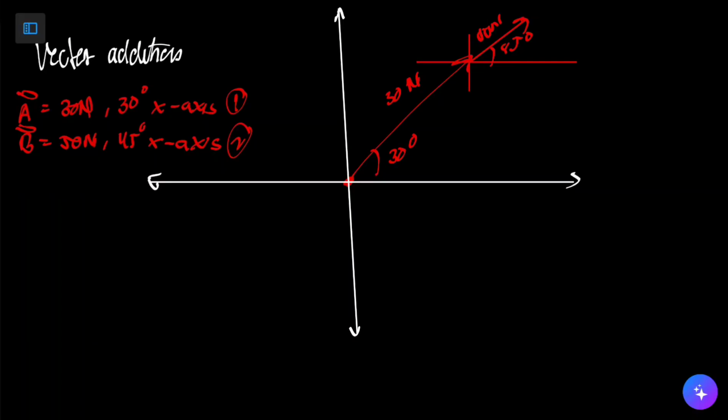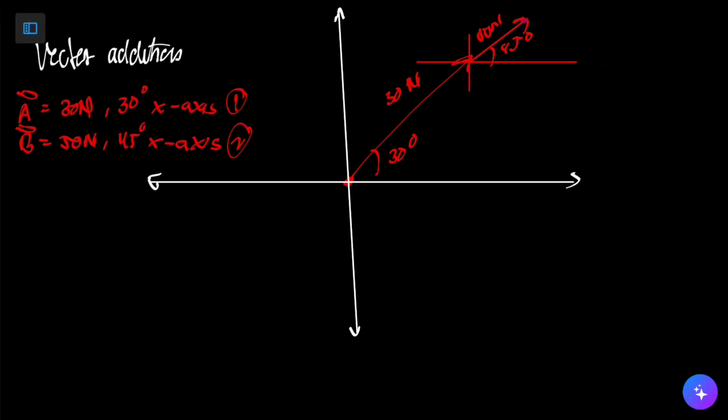So with that, how do we add these two vectors together? How do we consolidate the two vectors to find one whole vector that expresses these two vectors? One thing that we can do, this thing that we did actually, is what you call your head to tail method. So this is one way of visualizing vectors.